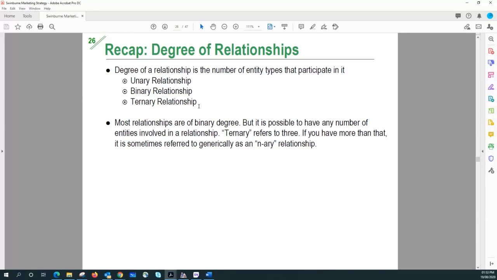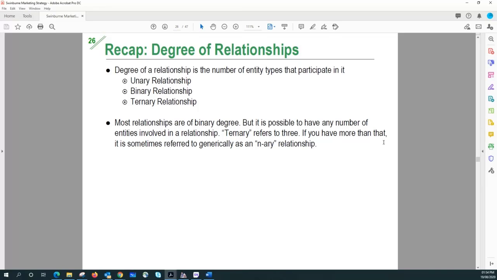When we go into the industry, we will see that most relationships are binary relationships between two entities. Students are enrolled in subjects, staff are invited to meetings, and so on. Binary relationships are very popular in any database model. But we can still have ternaries, and sometimes even more than ternaries.